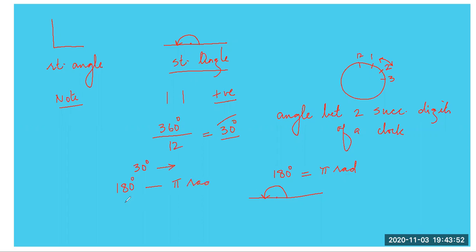Then, students, 30 degrees will be equal to how many radians? 1 degree is equal to pi by 180, into 30. So that is equal to 3, 6, 18. So it will be pi by 6 radians. Oh, that's beautiful.